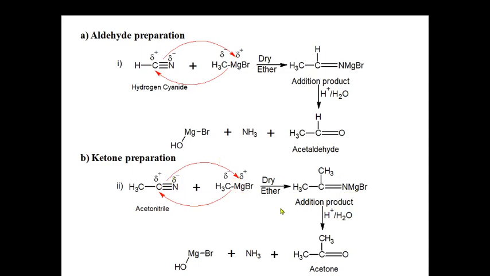You will get the addition product, and this addition product will further hydrolyze to acetone. So from acetonitrile you will get acetone. From hydrogen cyanide you will get acetaldehyde. So remember, in this way we can easily prepare aldehydes and ketones by the nitrile method also.